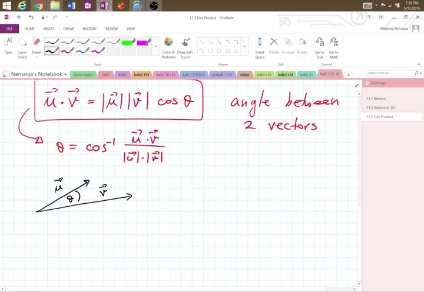There we go. So the angle between two vectors, this is the 2D case. And we can find that angle. Let's go with the example.